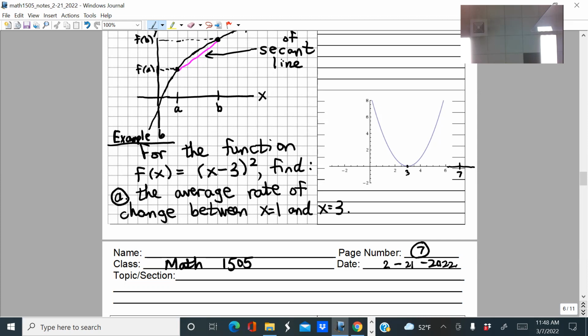So on average, how is this curve changing from x equals 1, which is right about there, to x equals 3?